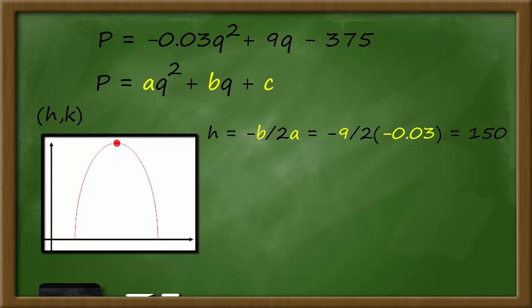That is, 150 bags of soil will give the maximum profit per day. So the corresponding profit is k equals the profit evaluated at 150. This equals $300. So we plot the vertex at 150, 300.